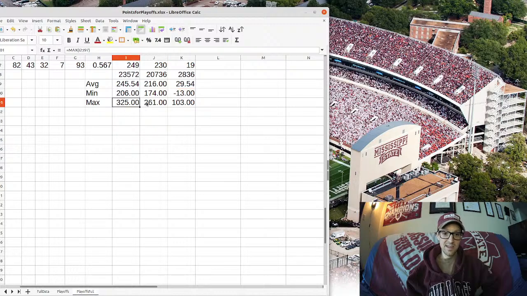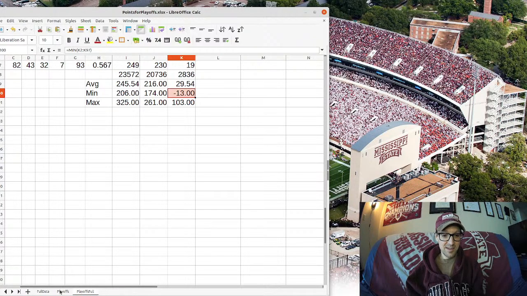And then the most goals against that still made the playoffs was 261, which is pretty crazy in contrast to the rest. And then the best goal differential was 103 versus the negative 13, which is a very big difference there.